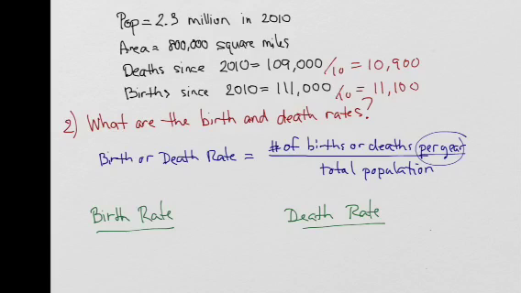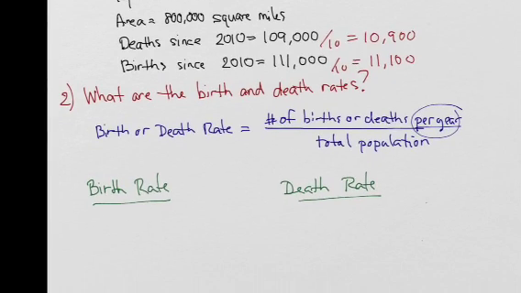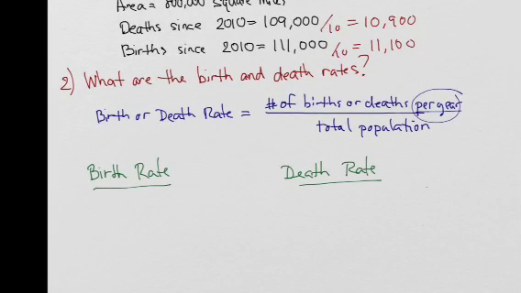All right, so to find the birth rate, we're going to take the number of births. In this particular case, the number of births was 11,100. I missed that number. That's 100. 11,100. We're going to divide that by the total population, which was, again, that 2.3 million number.